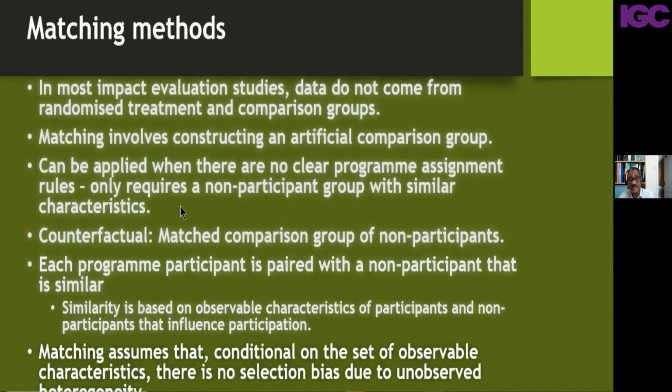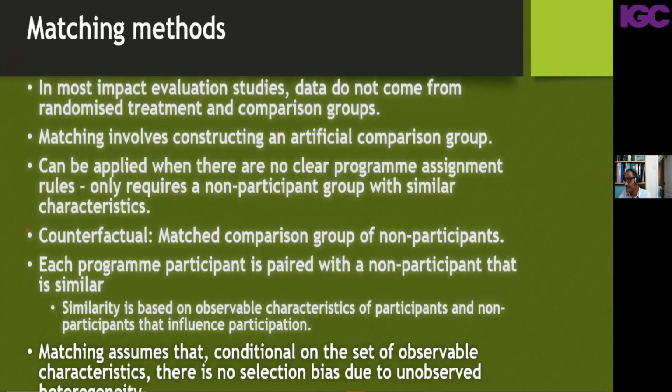So in matching, you are essentially assuming that there is no selection bias due to unobserved characteristics. So conditional on the set of observable characteristics, there is no selection bias due to unobserved characteristics. So that is the fundamental assumption you are making.